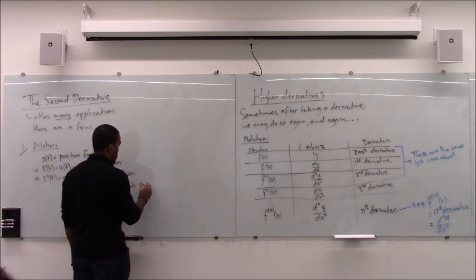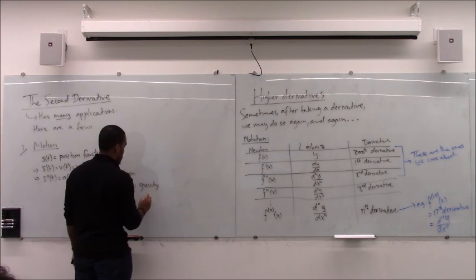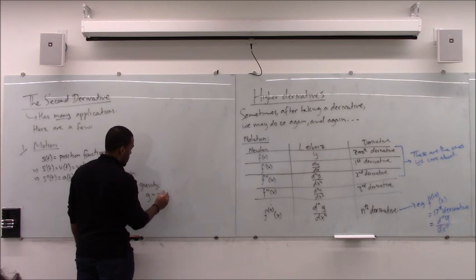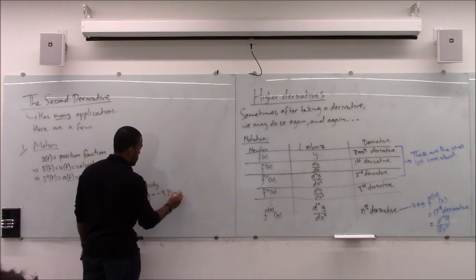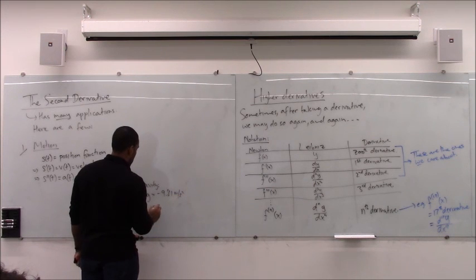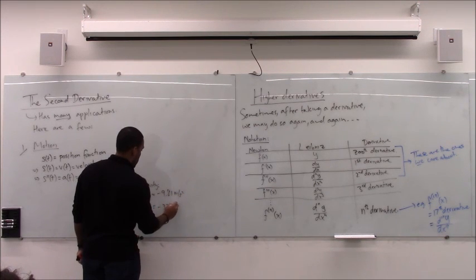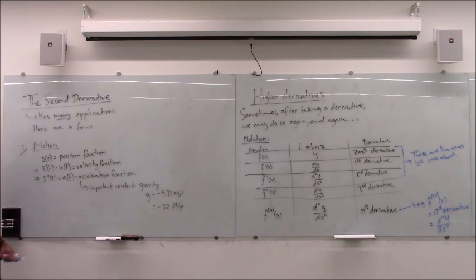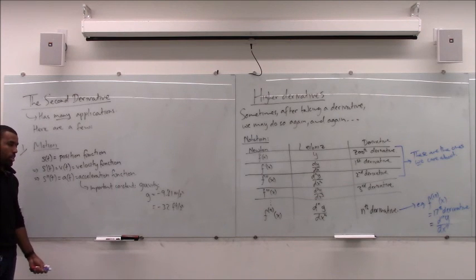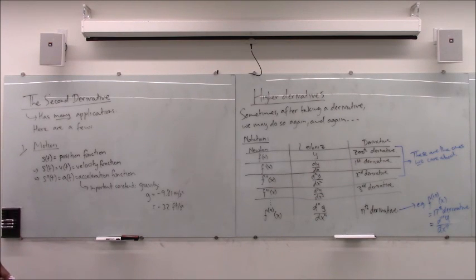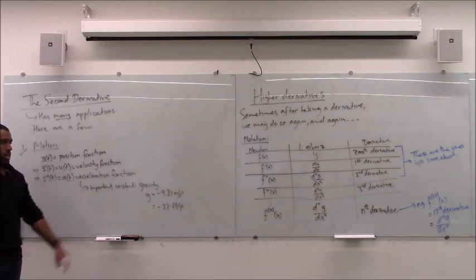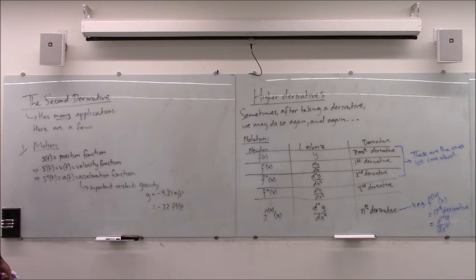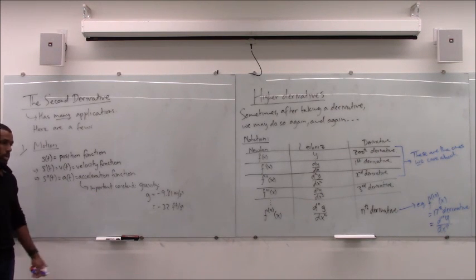is the acceleration due to gravity. Sometimes it's considered minus 9.81 meters per second squared, or minus 32 feet per second squared. And what that means is neglecting air resistance. You drop an object and it's falling to the earth is going to speed that object up at 9.81 meters per second squared, or 32 feet per second squared.